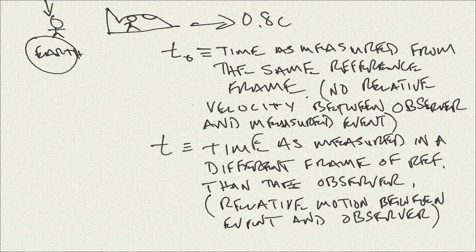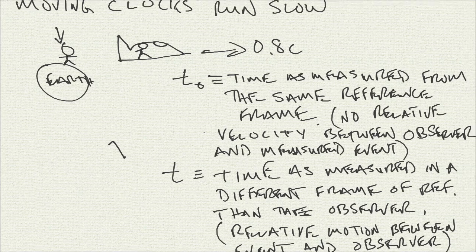So, for example, if we go back to our picture, if the person on the Earth were measuring an event inside the spaceship, that would be T, not T naught. Alternatively, if we flip this scenario around and ask the person inside the spaceship to measure something happening on Earth, again, this would be T. Why?